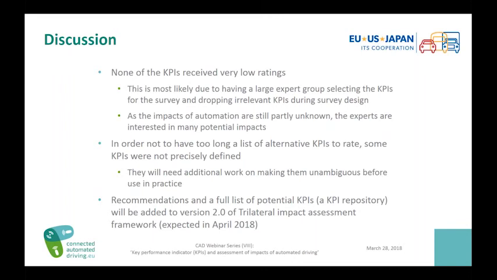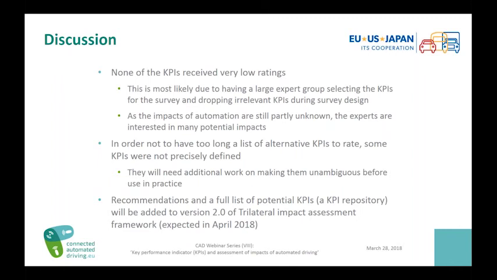And of course, those that we saw already as irrelevant were dropped out. But it can also be partly because the impacts of automation are still partly unknown, or even mostly unknown. So the experts are interested in many potential impacts, and it's not so focused only on one or two areas. So that also gives that they had rated several KPIs rather high.